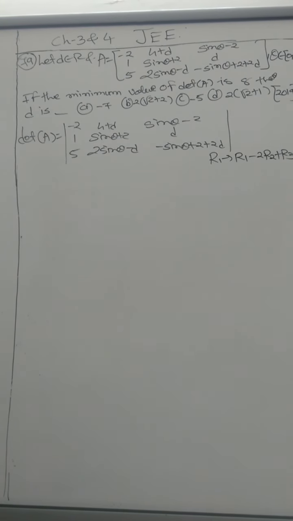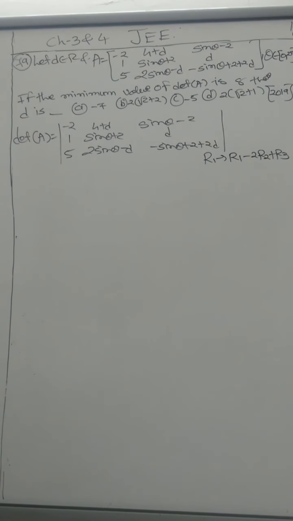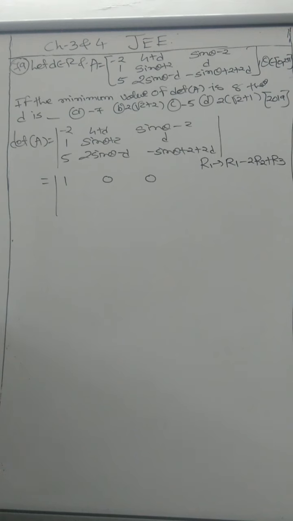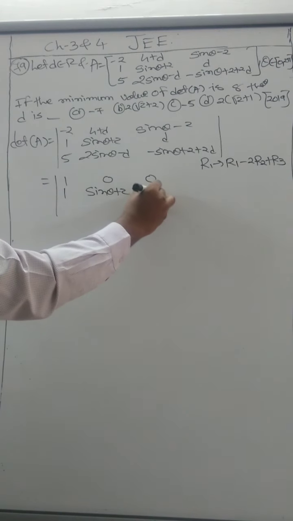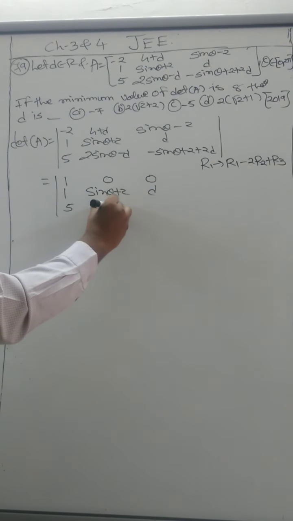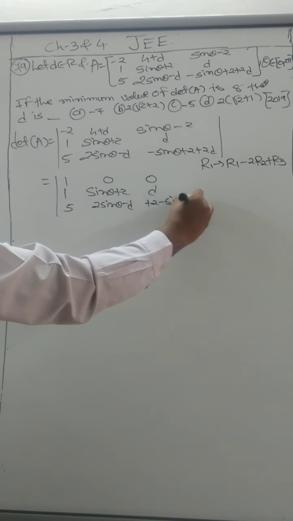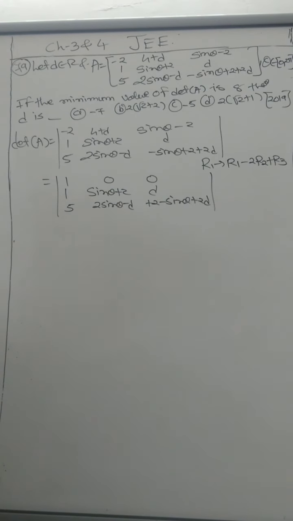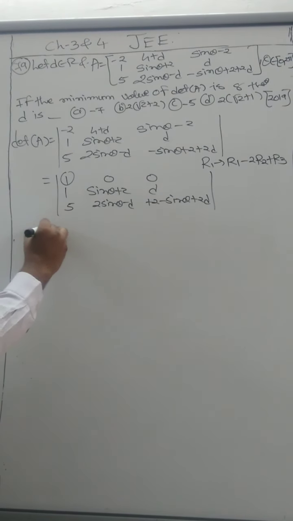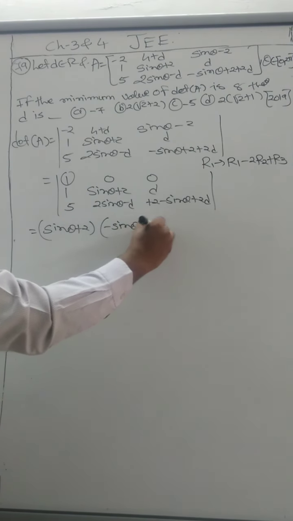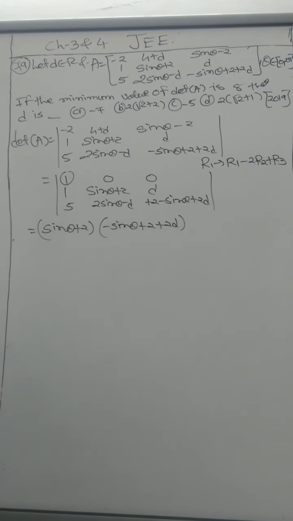Now we apply the operation R1 goes to R1 minus 2R2 plus R3, then we get 1 0 0, 1 0 0 1, sin theta plus 2d, 5, 2 sin theta minus d, minus sin theta plus 2d. Okay, now we just simplify with this one. Then we have sin theta plus 2 into minus sin theta plus 2 plus 2d. Now we just simplify and then we go for the next.